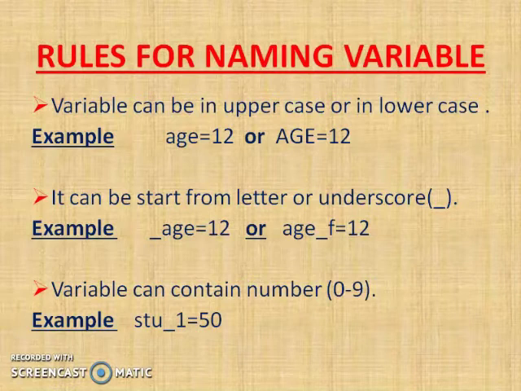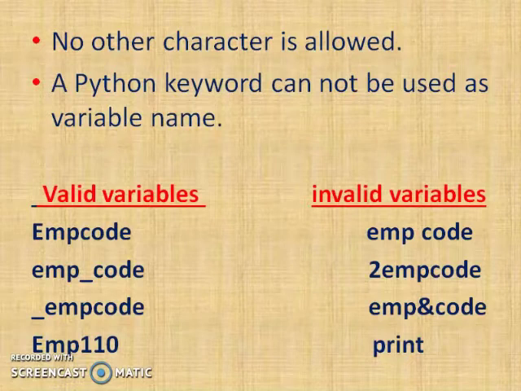These two are the valid examples of the variable. The last one, variable can contain the numbers from 0 to 9. We can use the numbers also in our variable name. No other character is allowed. Means except underscore you cannot use any other character in the variable name.